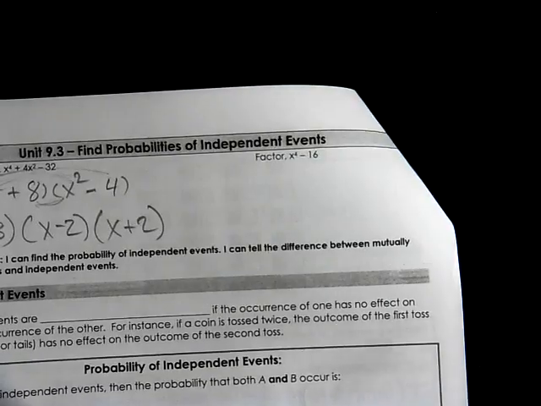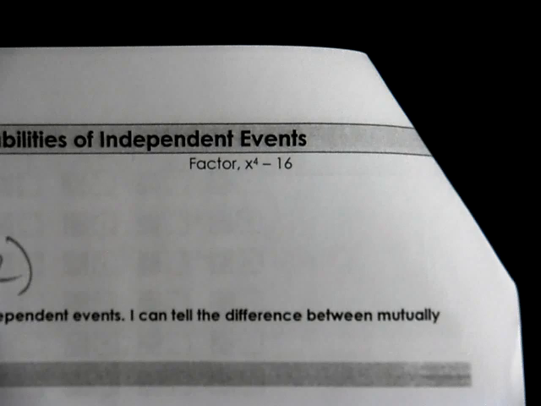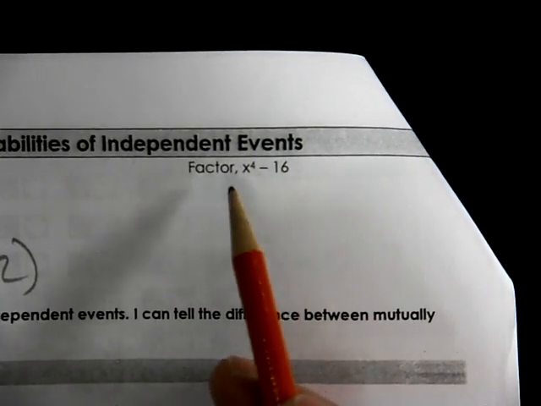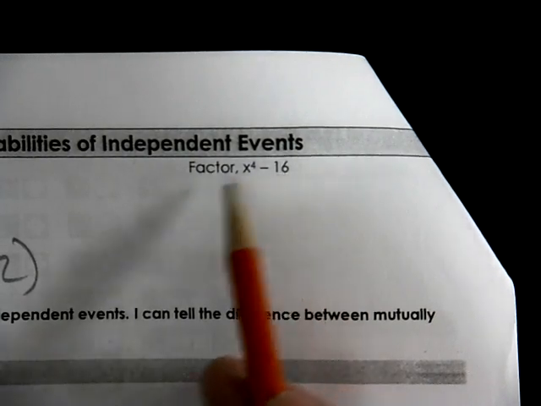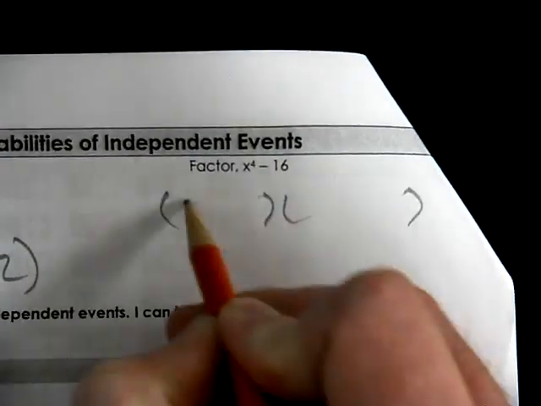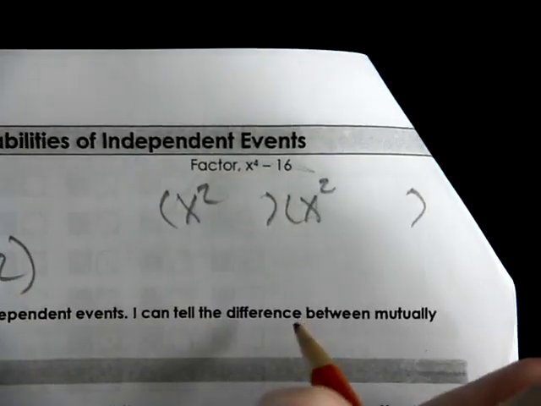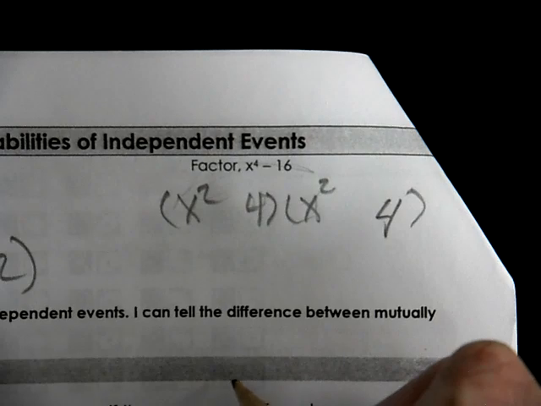Now we're going to come down here and look at this one. Notice that this only has 2 terms, so it's different. Again, this is going to be the difference of 2 squares. X squared and x squared makes x to the fourth. 4 times 4 makes 16.